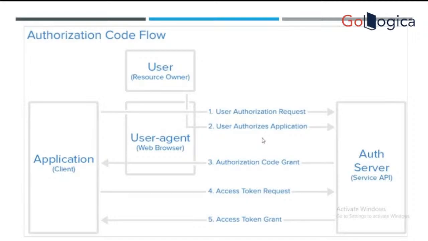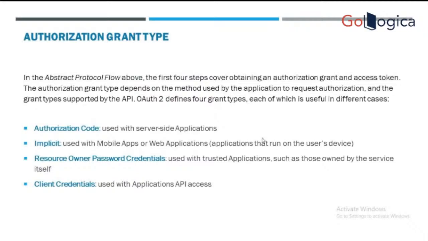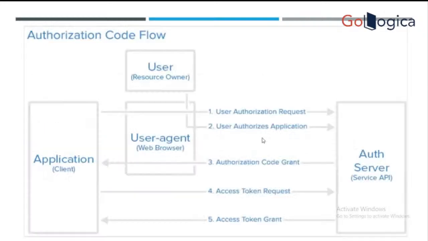Now I'll go back to the authorization code flow and what exactly it is. The authorization code flow is used with server-side applications. So now you can see the server-side application and the authorization server.